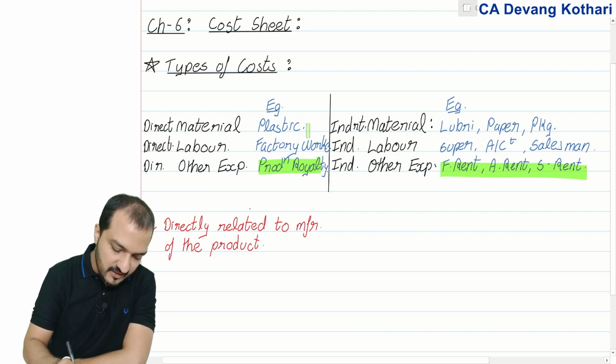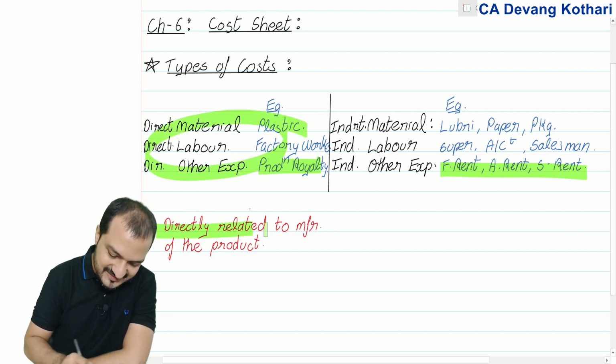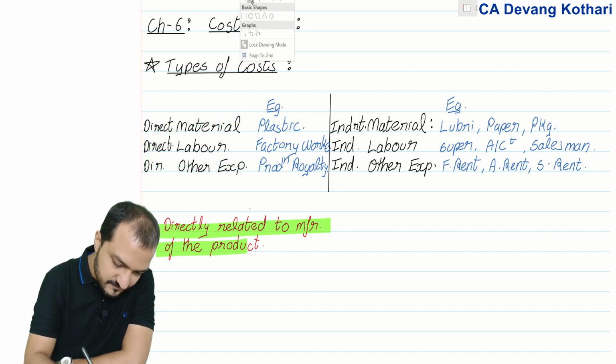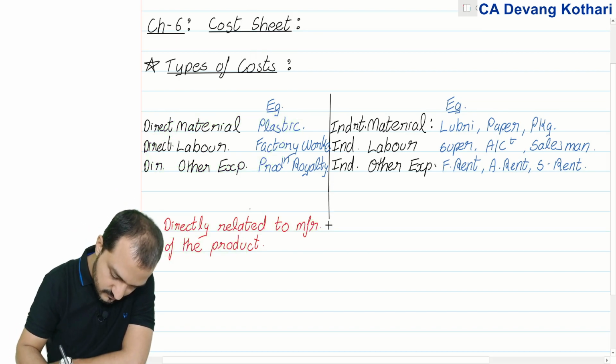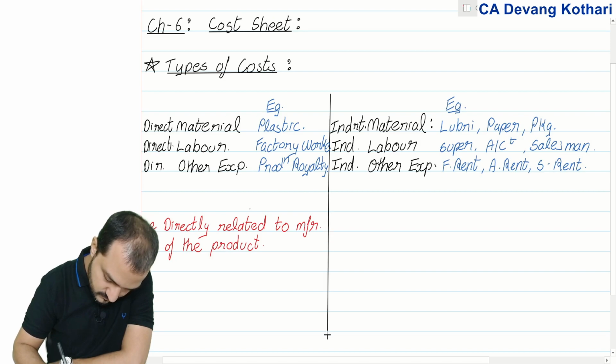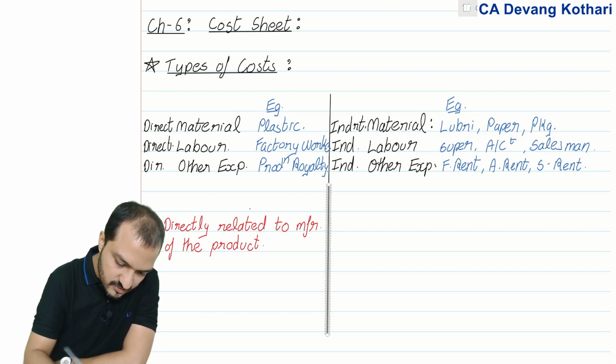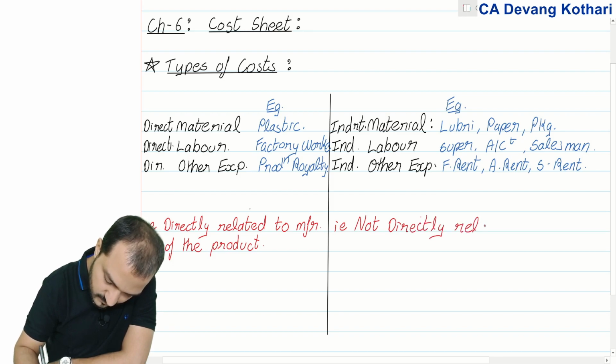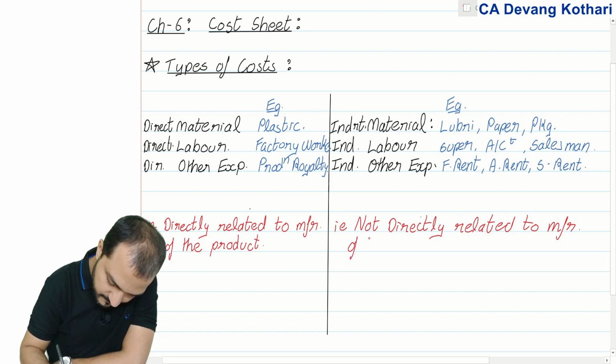So these are all my items of direct cost, which are directly related to manufacturing of the product, while indirect costs are the ones not directly related to manufacture of the product.